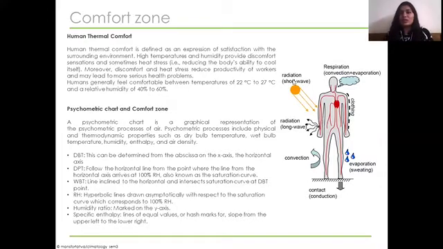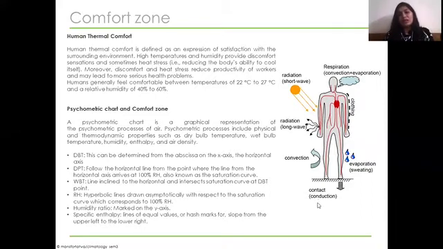The second source is radiation. Okay. Other heat losses or gains are through respiration, that is convection and evaporation. Then clothing is an important factor. We lose heat by radiation through long wave radiation. Convective currents again affect the body temperature. And lastly, evaporation.